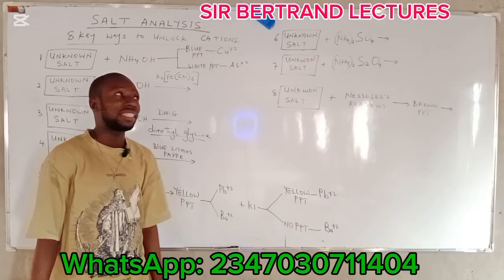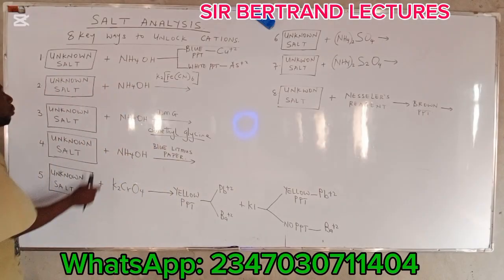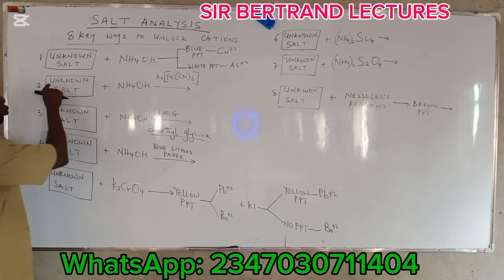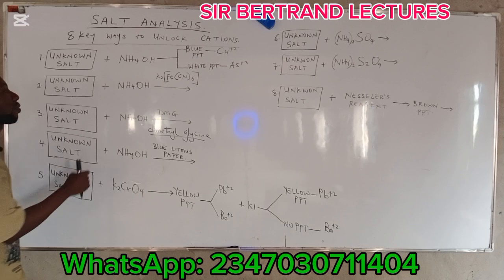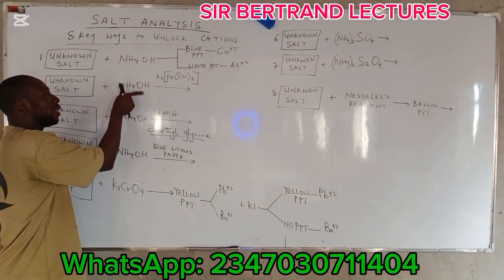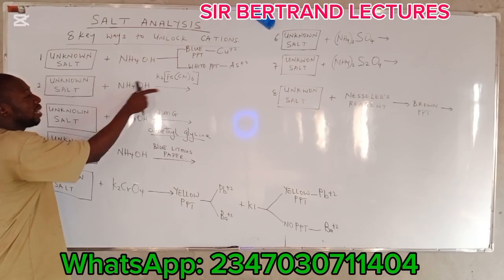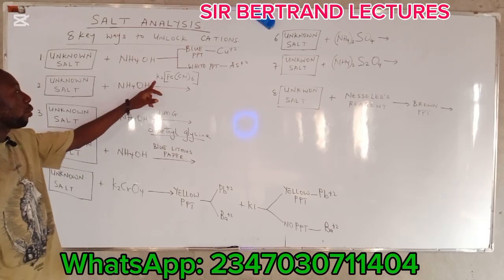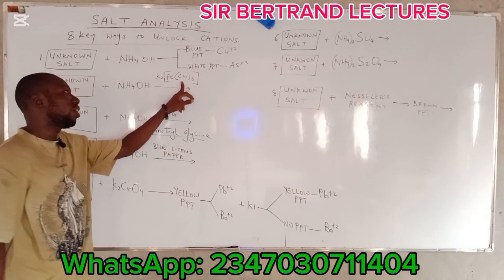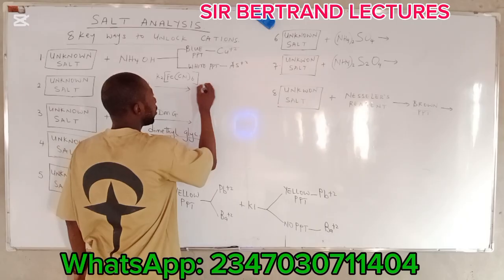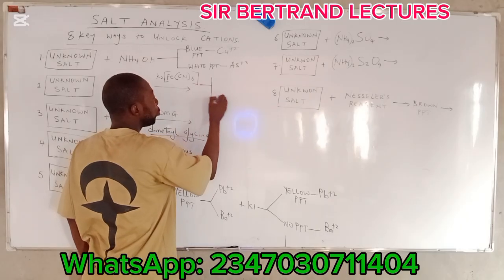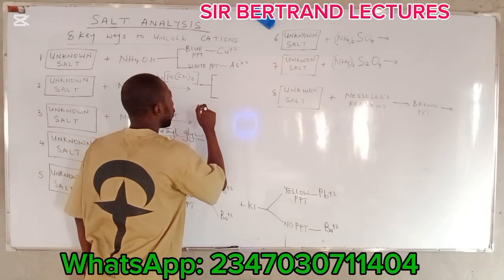Now, the second experiment, to an unknown salt sample here, you added the same ammonium hydroxide, all right? But this process here is taking place in the presence of potassium cyanide, all right? Now, it's going to give us two different precipitates. All right?